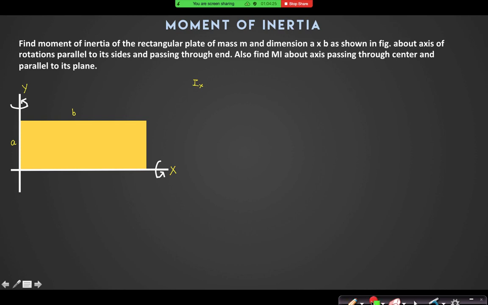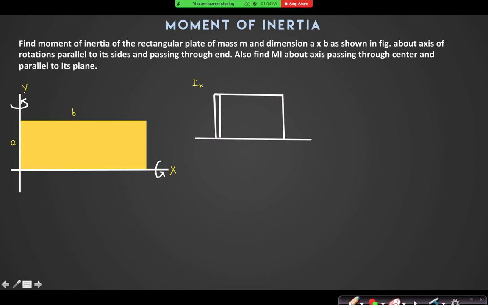Look, if it is Ix, can you imagine a rod lying like this, and if you stretch that rod along the axis, will you get the same rectangle?